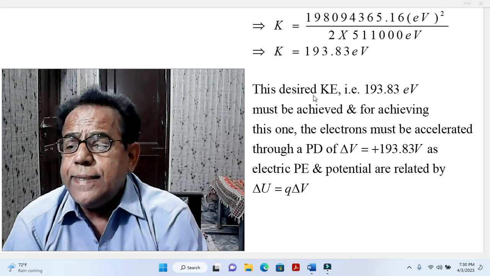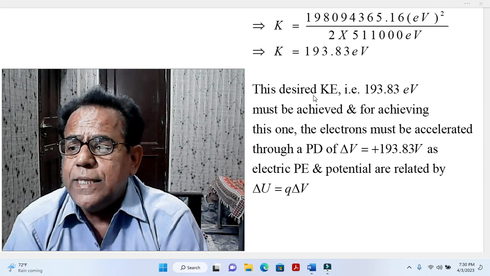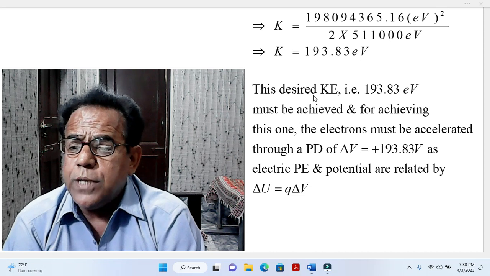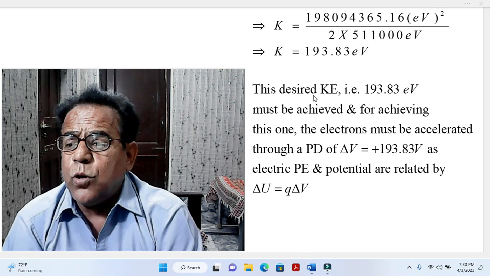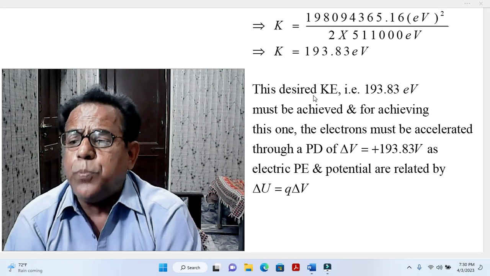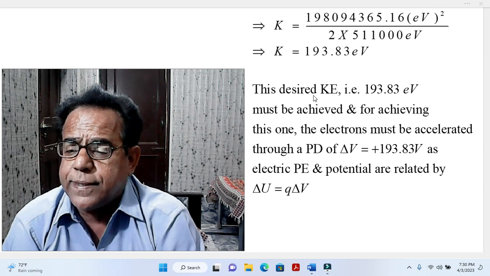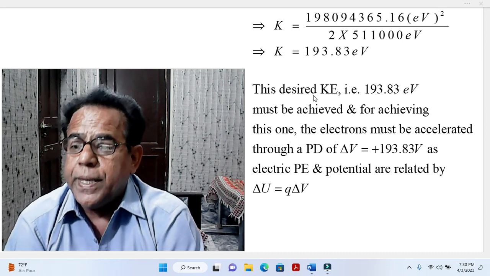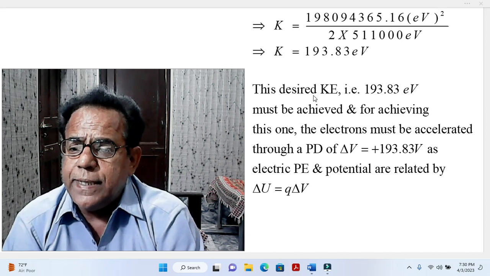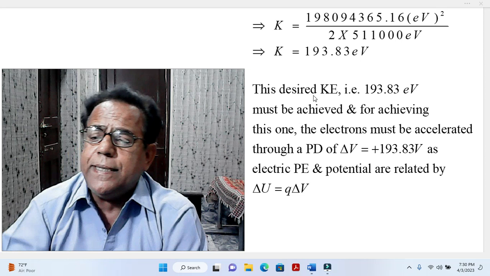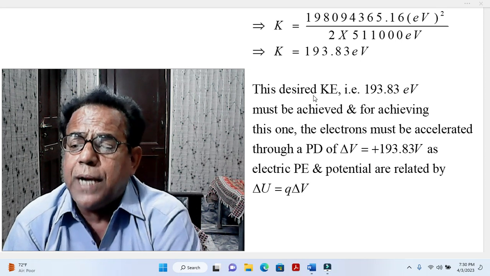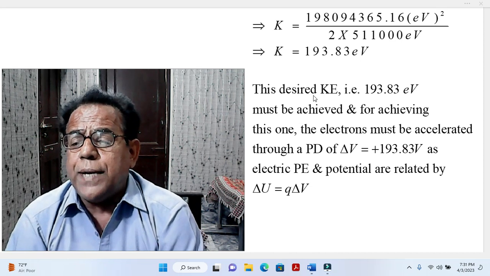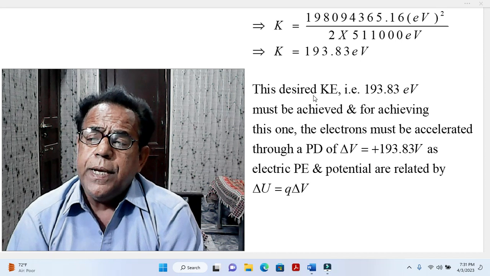This desired kinetic energy, that is 193.83 electron volt, must be achieved, and for achieving this the electrons must be accelerated through a potential difference of delta V equal to plus 193.83 volt, as electric potential energy and potential are related by the expression delta U equal to Q delta V. Dear students, this expression has also been shown in our toolkit.